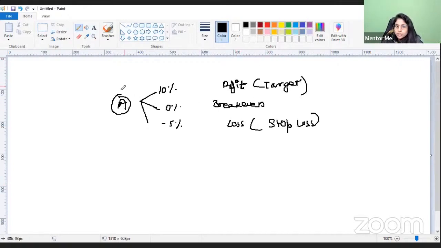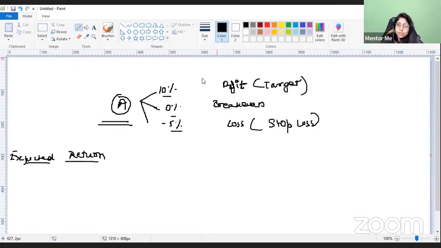So this is one point. Now, as far as this A stock is concerned, we want to calculate what can be the expected return by investing into A stock. For that, we have these possibilities: 10% return, 0% break even, minus 5%.